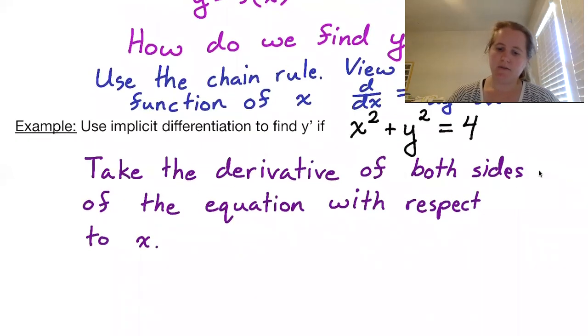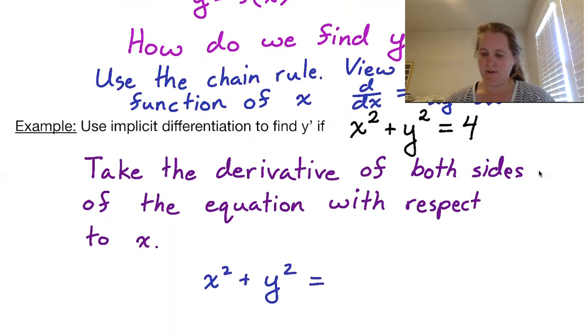So we'll have our equation, x squared plus y squared equals 4, and we'll do the derivative with respect to x of both sides.